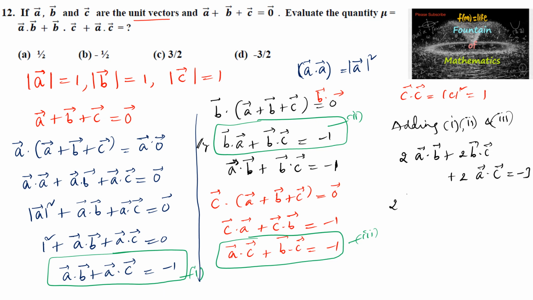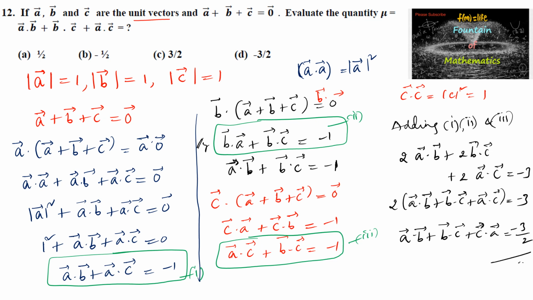With 2 taken common, A dot B plus B dot C plus A dot C is equal to minus 3 by 2. Or we can write A dot B plus B dot C plus C dot A is equal to minus 3 by 2. So the answer is minus 3 by 2, which is option D.